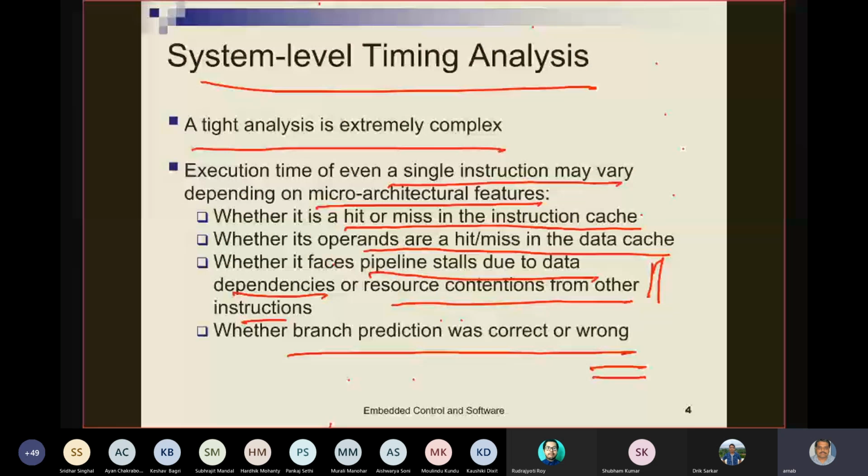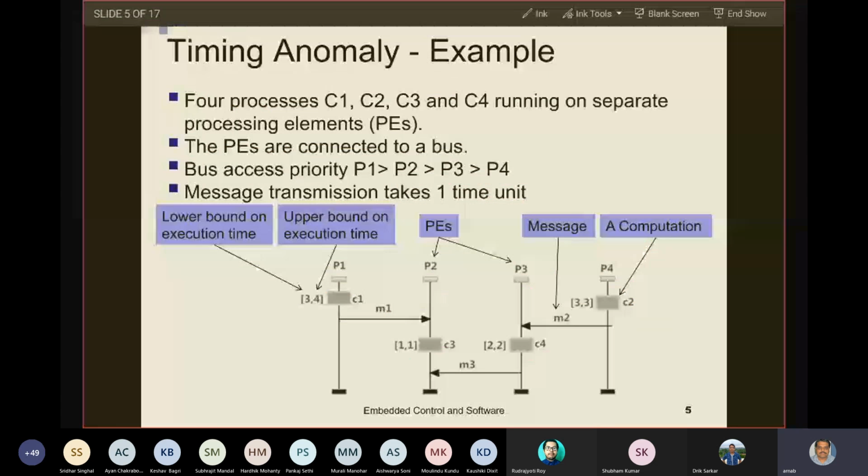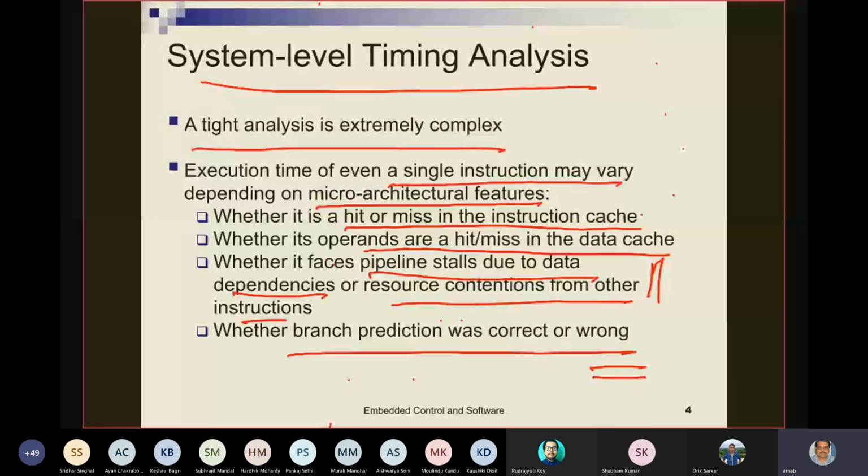Okay. So what we try to impress upon is that timing analysis is very difficult. Even the time taken by a single instruction can vary vastly due to multiple factors.